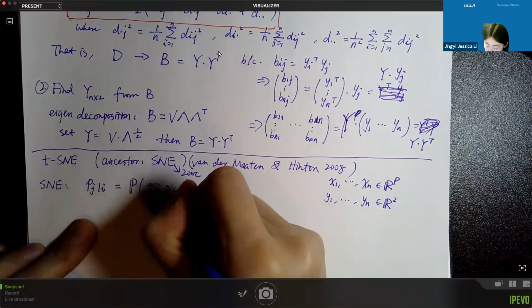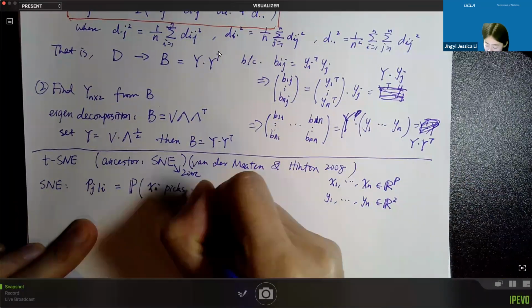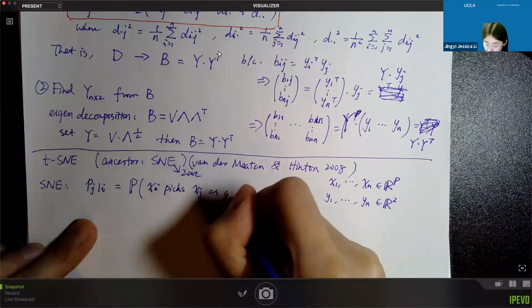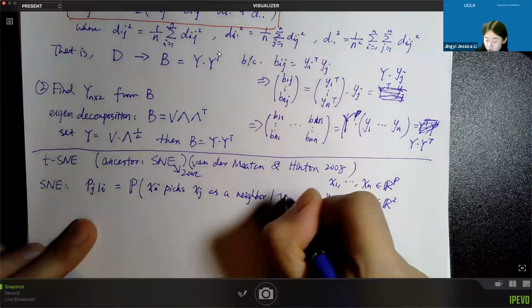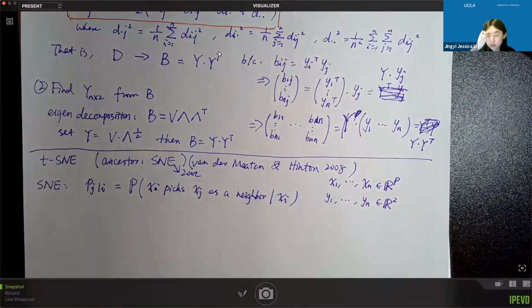picks xj as a neighbor given xi. So we use xi as the center, and we want to evaluate how likely xi is going to pick xj as a neighbor. What we do here is use the normal density.